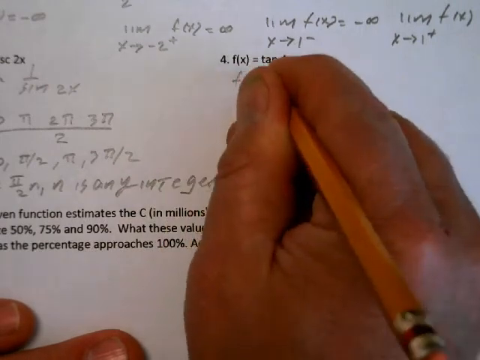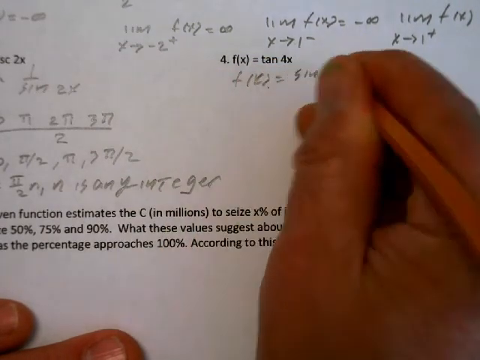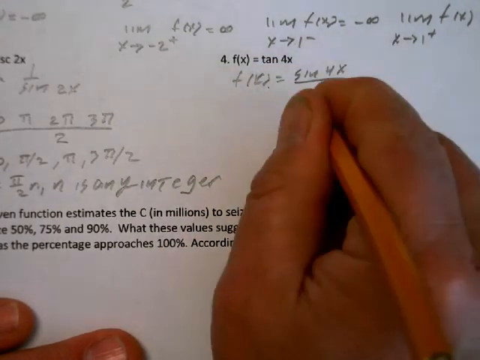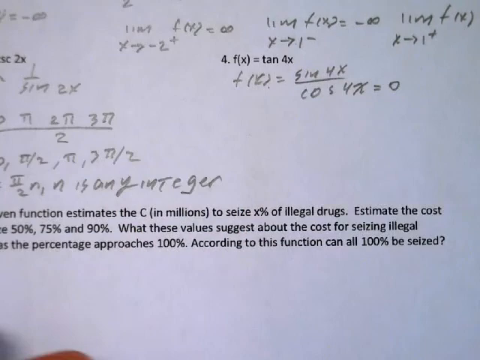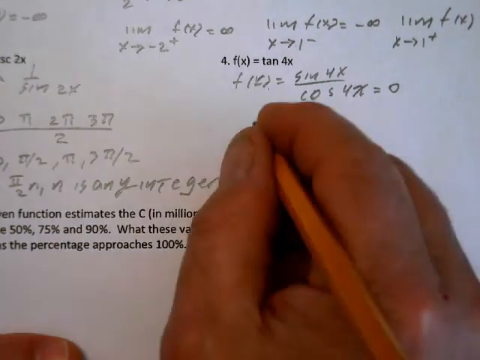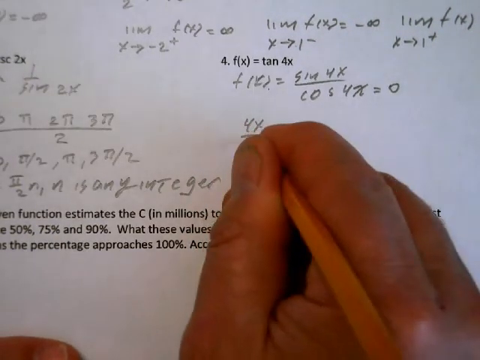All right, so now what we have, f of x equals tan 4x. Well, this is really the same thing as f of x equals sine 4x divided by the cosine of 4x. And we want to set the denominator equal to 0.